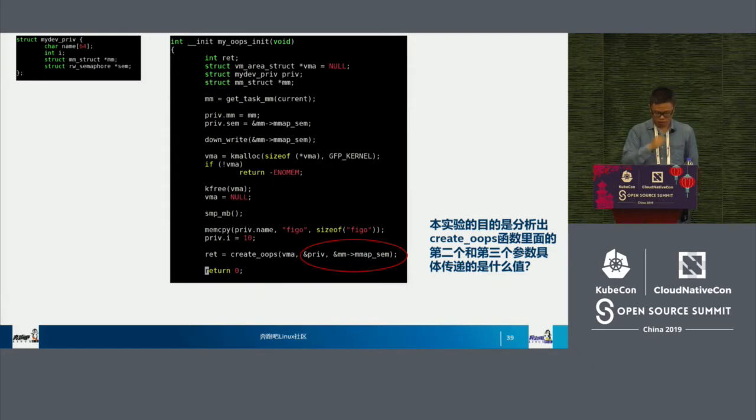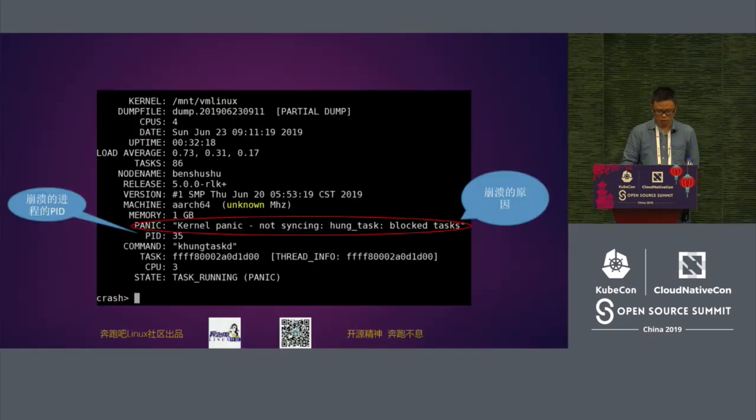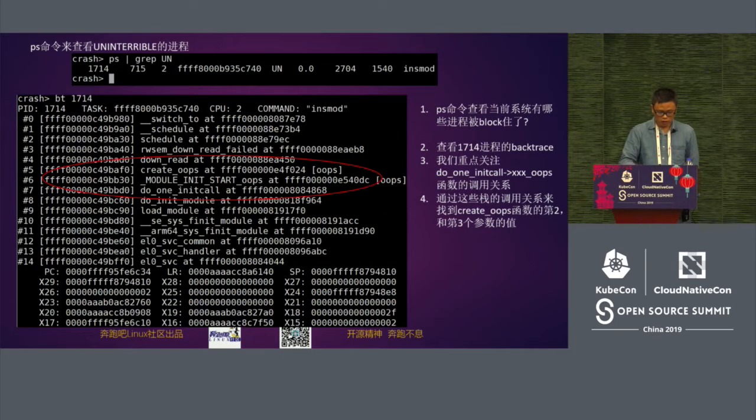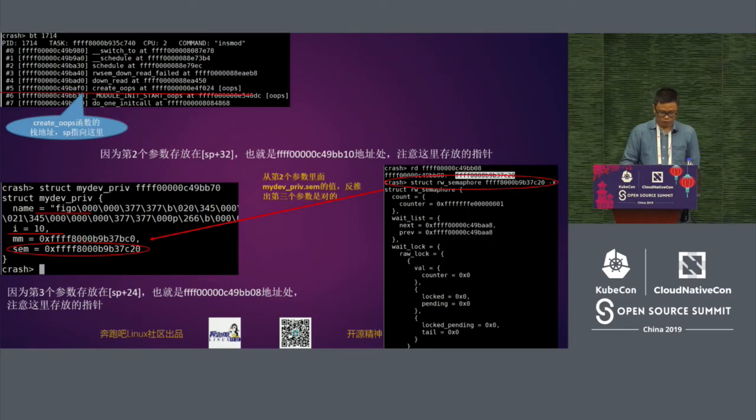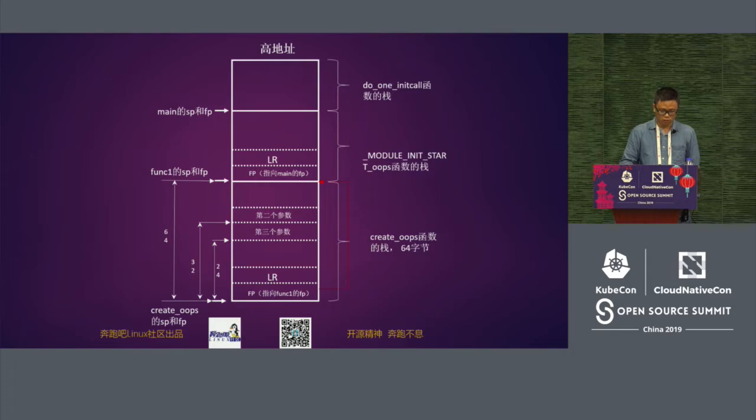This experiment is about how we can come up with the second and the third parameters and their exact values. This is from my previous slides, and how can we get the core trace and find the code of compilation, and how can we locate the second parameters.